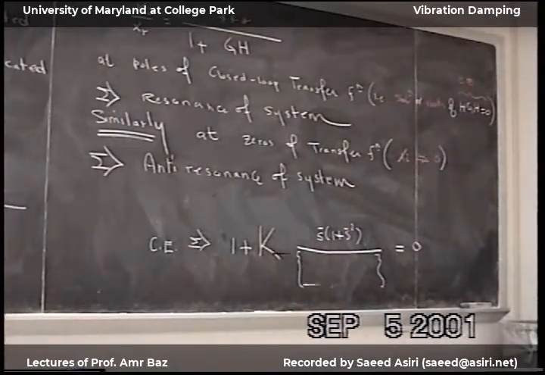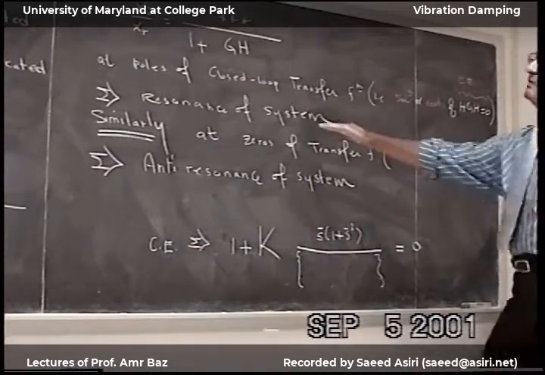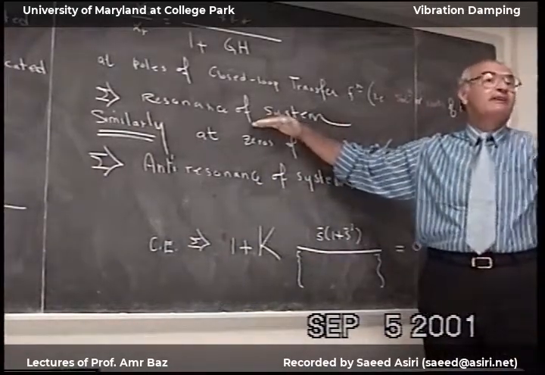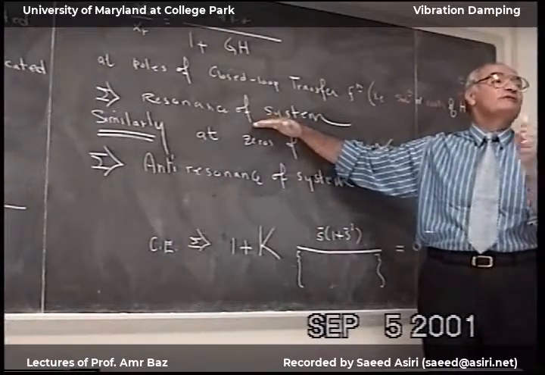Okay, so now if you look at the response of the system from any experiment that you do, you can pick up these two things very fast. You can see where the peaks are, and these are the system natural frequencies or resonances.